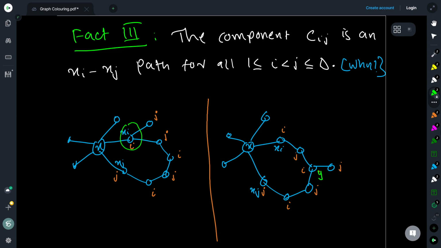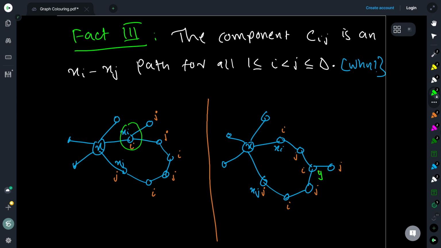So I can give that color now to xi, and I will get a coloring where xi is colored with a color other than this. So what happens?